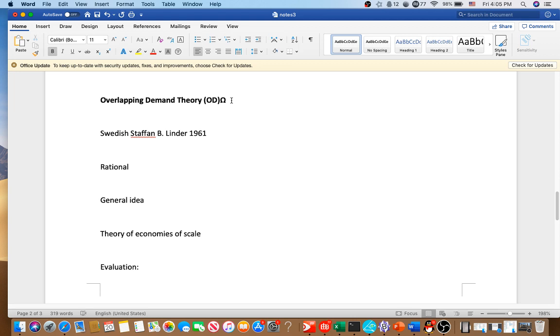So the general idea is that international trade can be seen as an extension of countries' domestic trade across national borders, because a country's manufacturers always first aim to meet the demand of the domestic market.